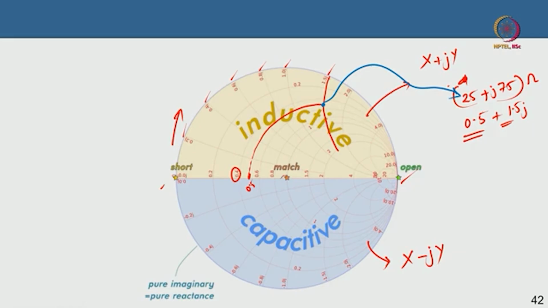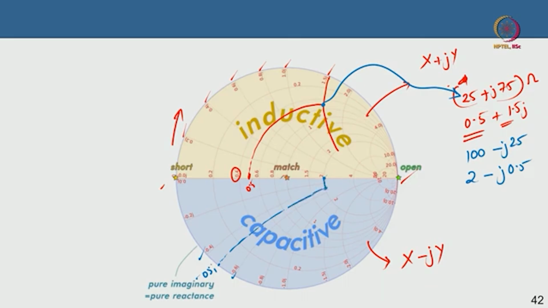What if I had say 100 minus j 25, then I have normalized 2 minus j 0.5. So first I will go 2, which is this, and minus 0.5, so minus 0.4, minus 0.6, so minus 0.5 is here. So it will be something like that.